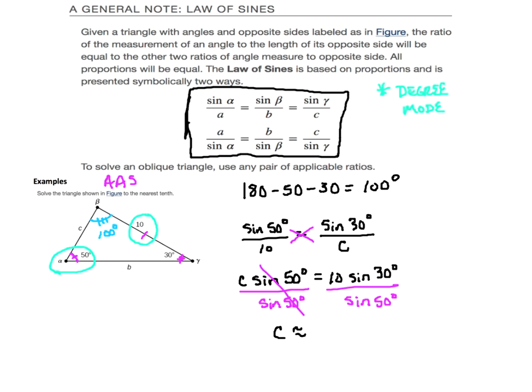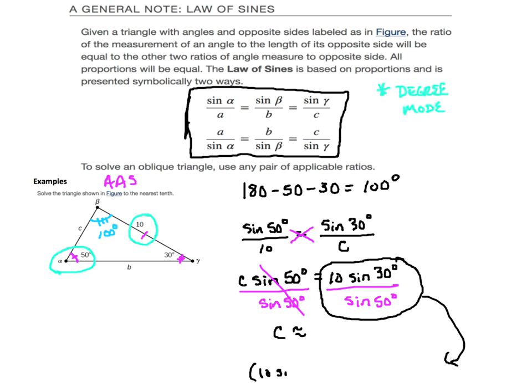So let me show you how I put this into my calculator. I'm going to write it out because I used an extra set of parentheses just to be on the safe side. I start with a set of parentheses to hold that entire expression in the numerator.